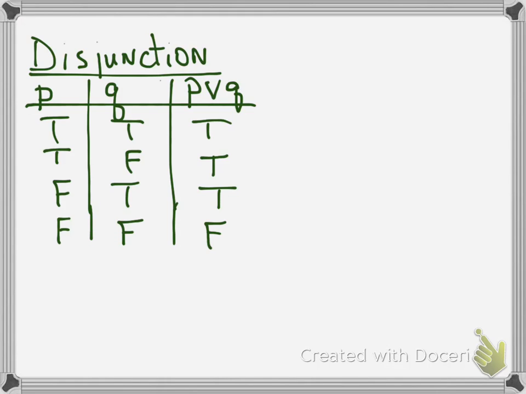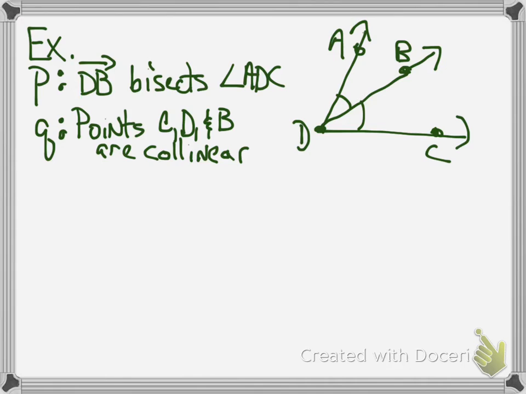So let's try some things here. Okay, so let's say you have this illustration and it says DB bisects angle ADC. That's true because you can see I've got these little marks here that show that. And that points CDB are collinear. Well, that's false because B, D, and C are not on the same line.